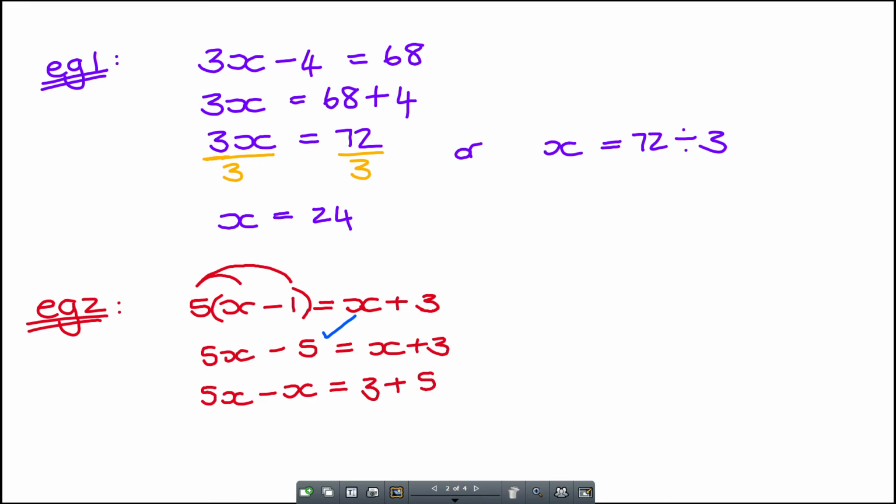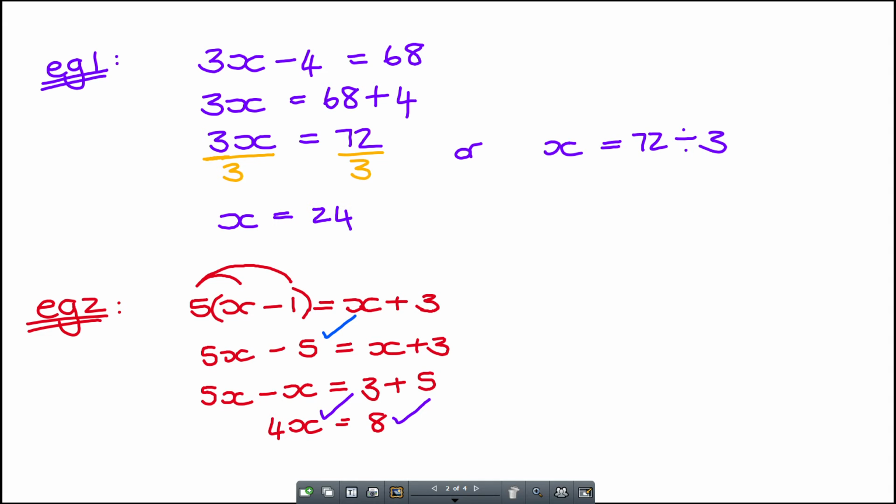Now again, just quickly simplify. So 5x minus 1x will give me 4x. And the 3 plus 5 gave me 8. Now have a look. You're going to get a mark for the 4x and a mark for the 8. Because you took all the unknowns to the left and simplified, and took all the normal numbers to the right and simplified.